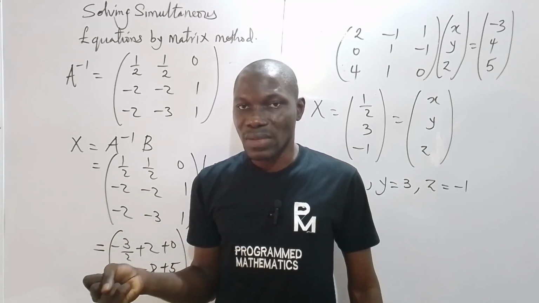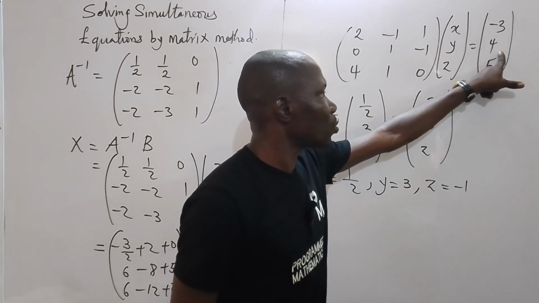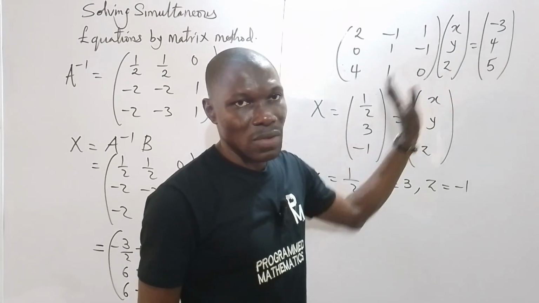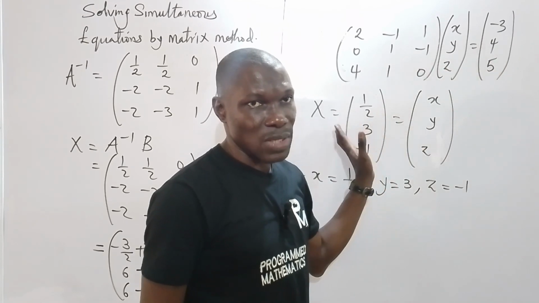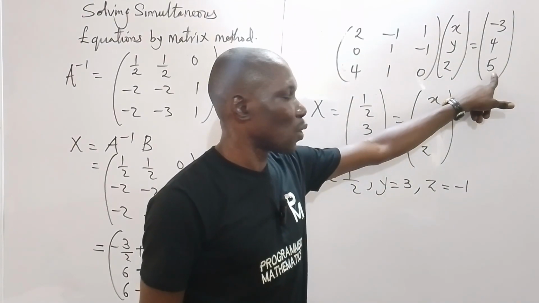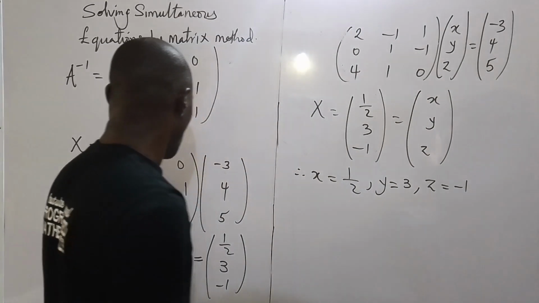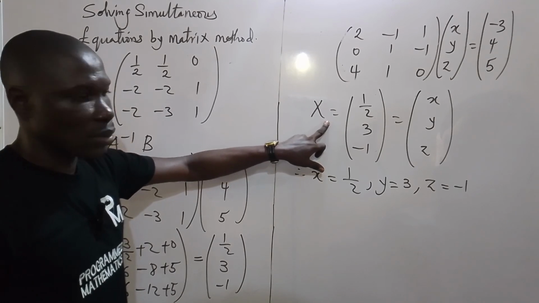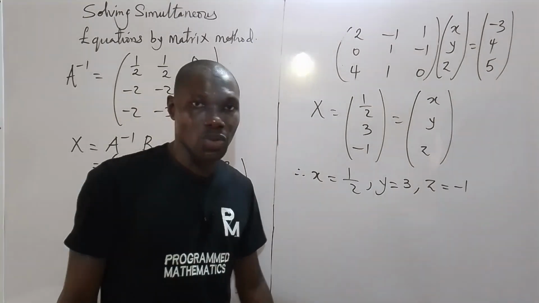When you obtain the inverse, pre-multiply the result after the equals sign by the inverse. Pre-multiplication means the inverse comes first. Once we have that, you can be sure of what the matrix of the variables will be, and then we are sure to get the solution to the problem.